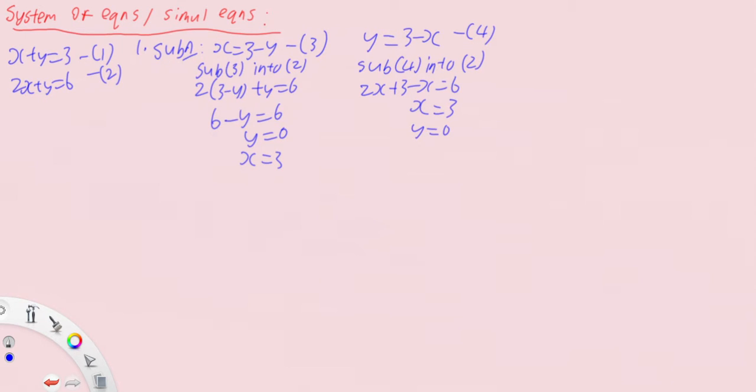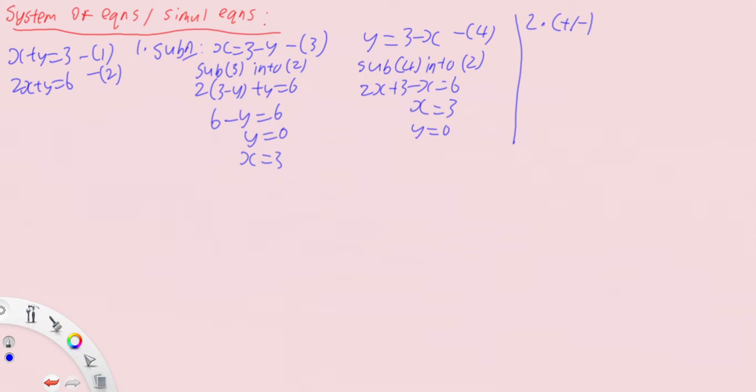Now the second method is the addition or subtraction method. The idea is that if you have a variable with the same coefficient in the two equations, you can simply add or subtract them. It can be plus 1 and minus 1, basically the magnitude must be the same. In this example, we notice that the coefficient of y is the same, which is 1.